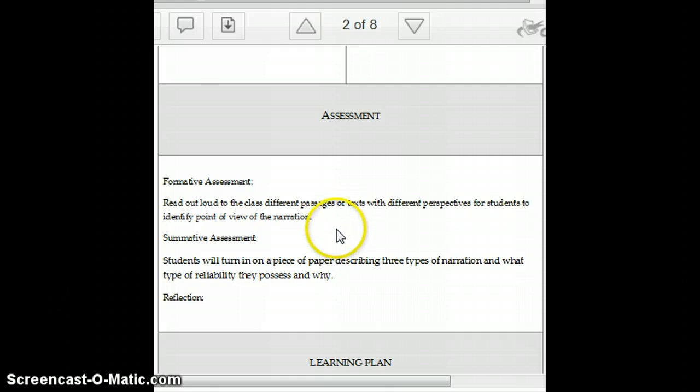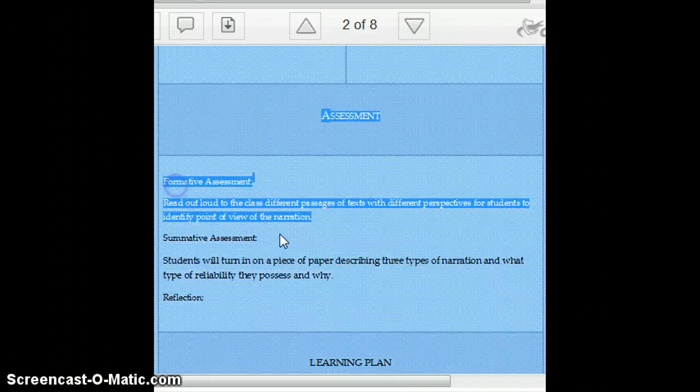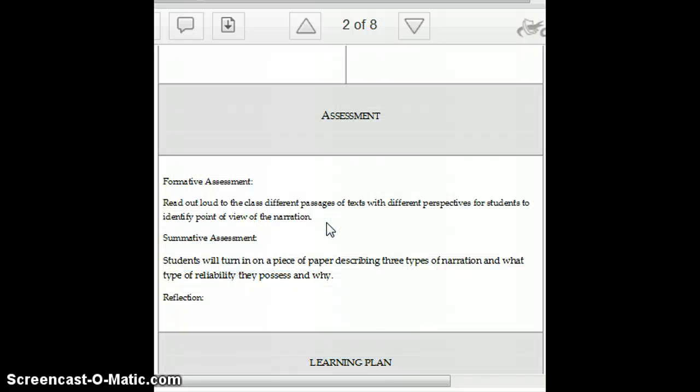All right, for your formative assessment, you'll have to tell me if you can see my arrow moving around here in the area I want you to look at. Go ahead and put that in, not so much your teacher speak, but your teacher persona.